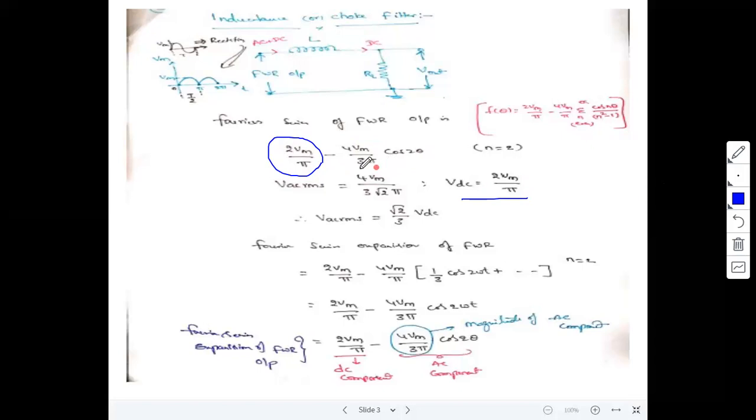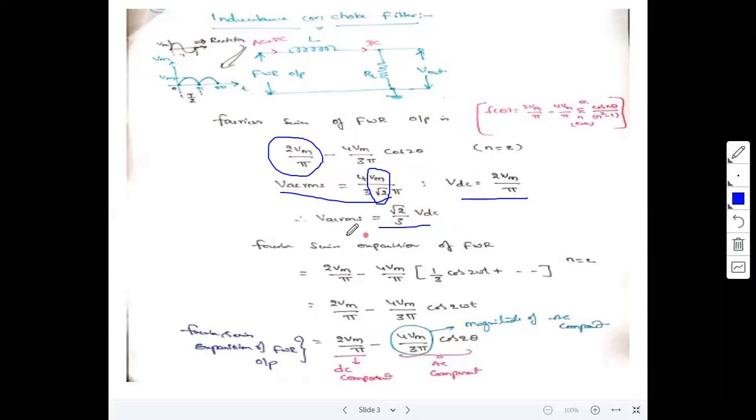Here VAC RMS is equal to 4 by 3 Vm, Vrms is Vm by root 2, and VAC RMS is equal to root 2 by 3 VDC. Just substitute the VDC value and simplify.